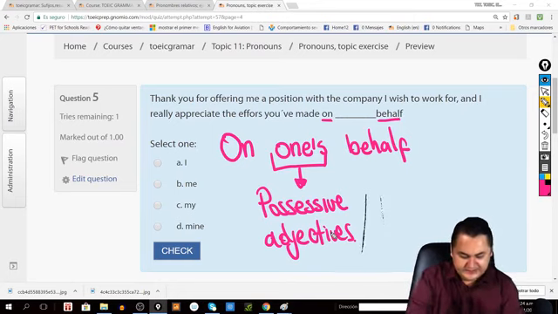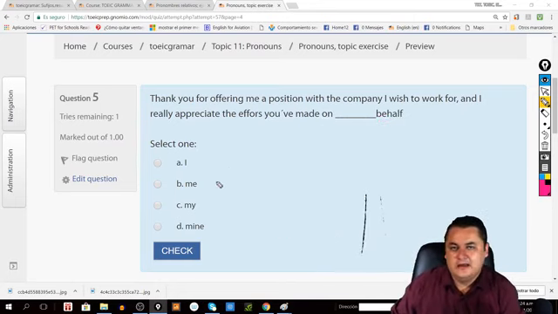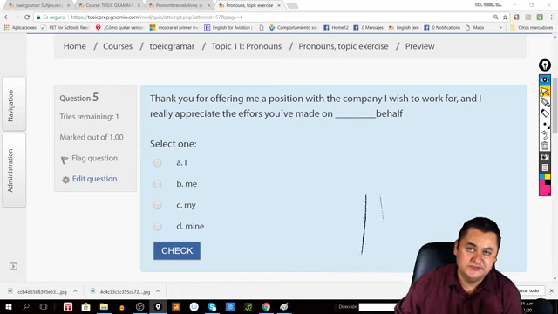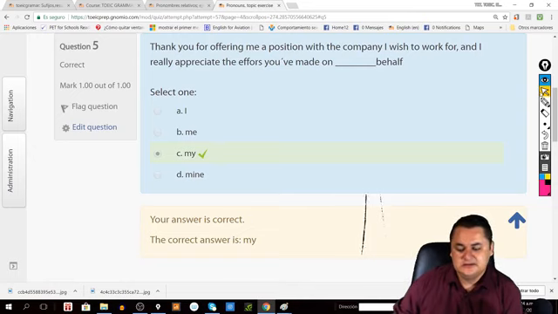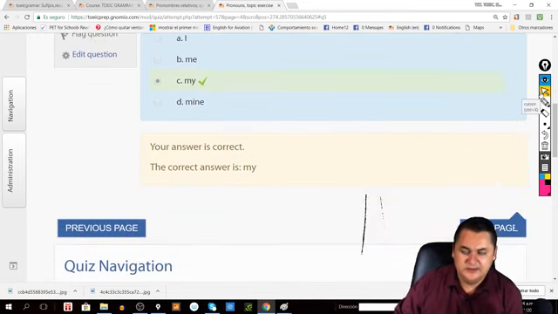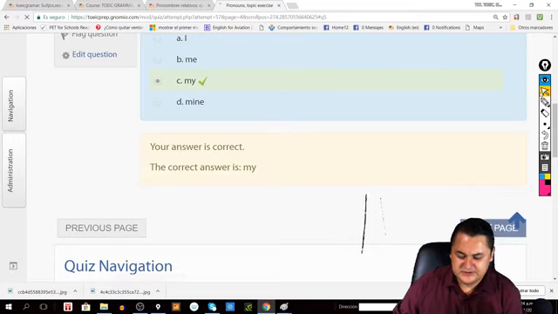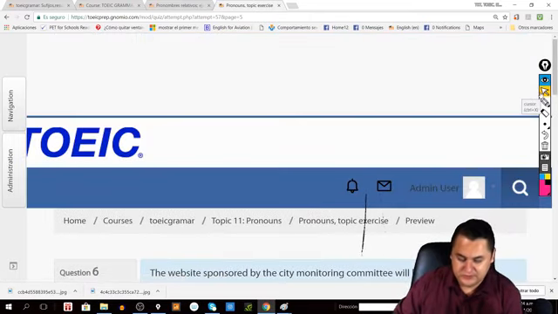So we have to say on my behalf, on your behalf, on his behalf, in this case on my behalf. That again is a fixed expression that we need to know this way. There are other two fixed expressions that we'll check up as we progress.